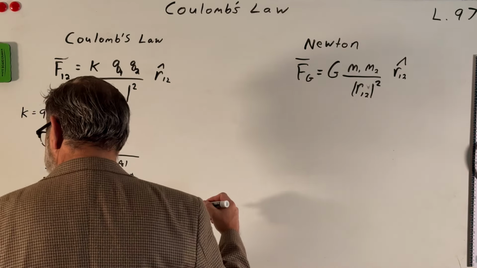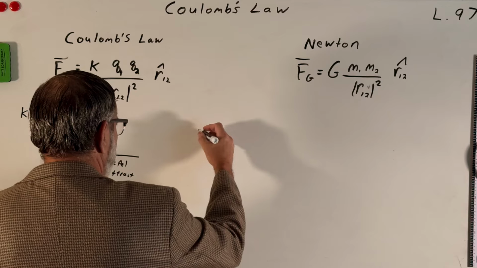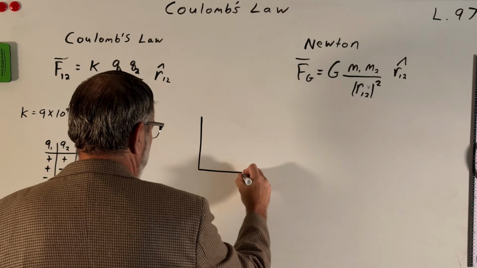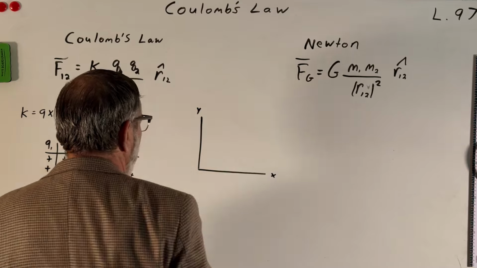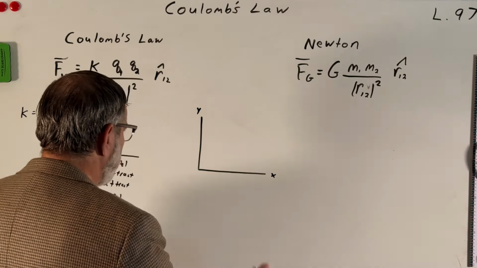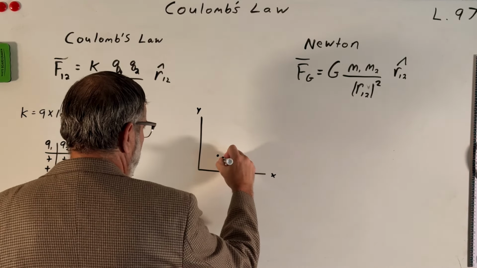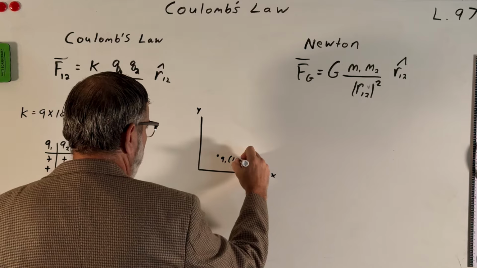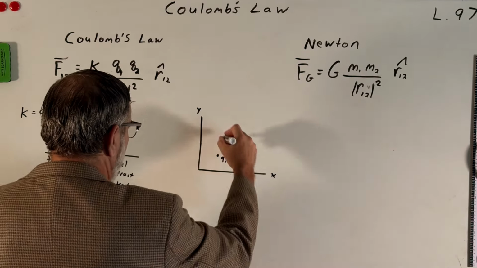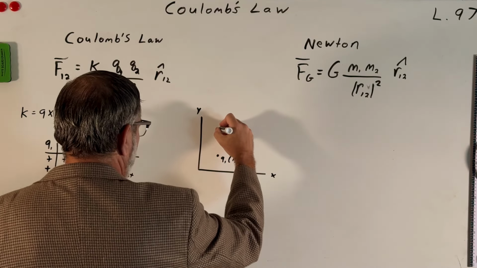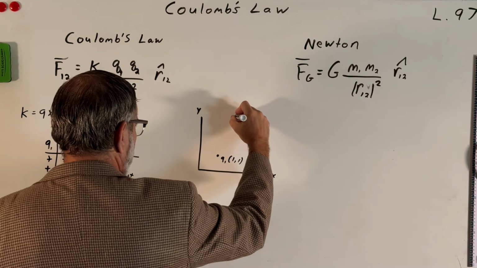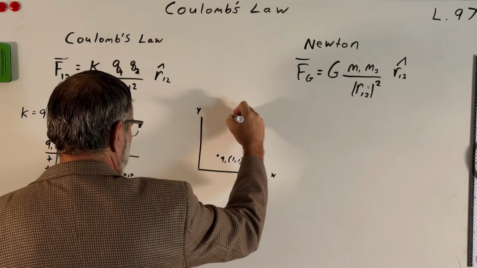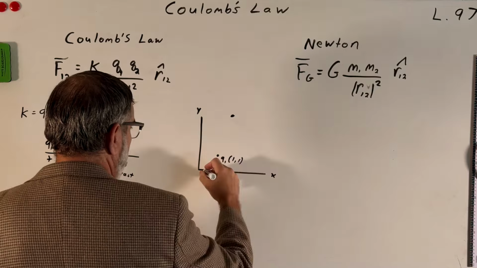So what I'm going to do, I'm just going to do it in two dimensions to start with, because I think it's a little bit easier. So if these are my two spatial dimensions, we'll call this x, we'll call this y, right? And I would put, say, one charge, call it q1, right here at the location 1, 1. And I put another charge, put it right there.